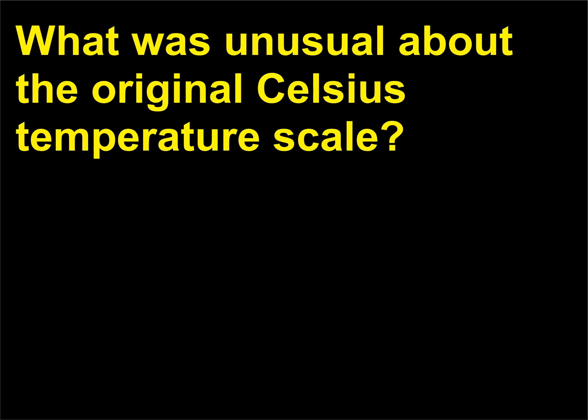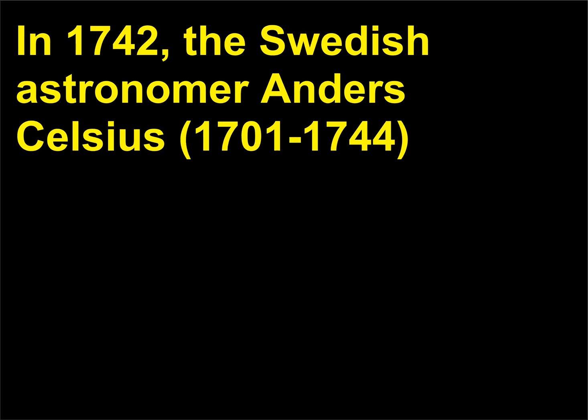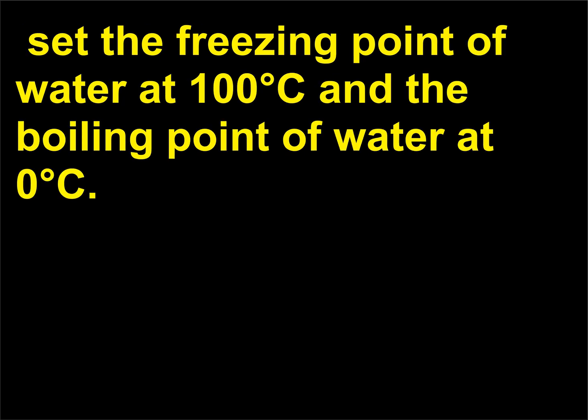What was unusual about the original Celsius temperature scale? In 1742, the Swedish astronomer Anders Celsius, 1701 to 1744, set the freezing point of water at 100 degrees Celsius and the boiling point of water at 0 degrees Celsius.